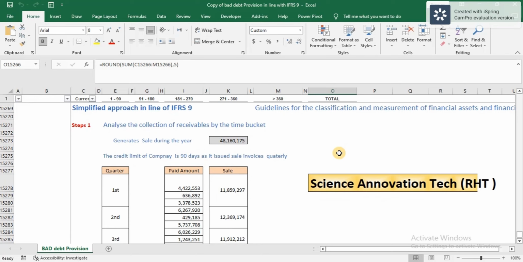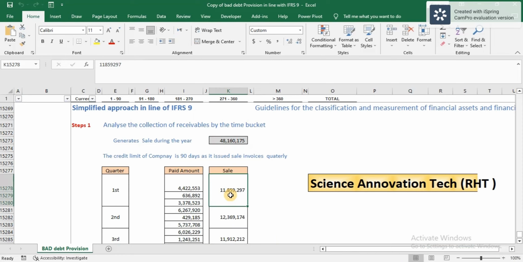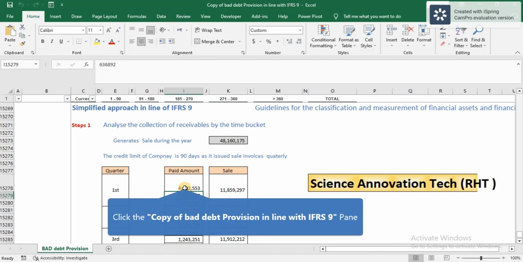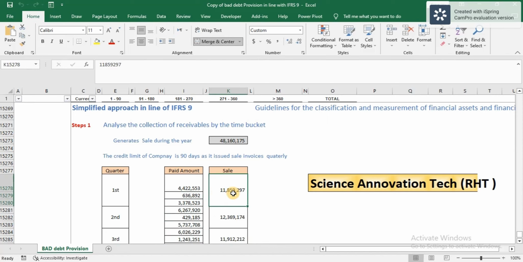The company generated total sales in the year of 48 million. As I said earlier, they generate invoices quarterly, so they get their receivable on a quarterly basis.